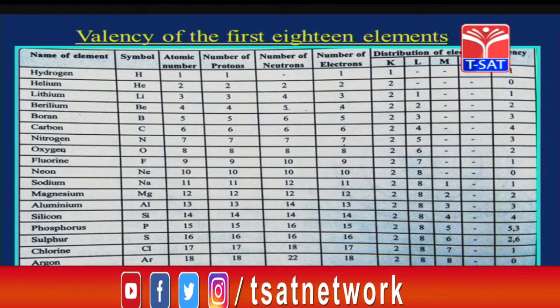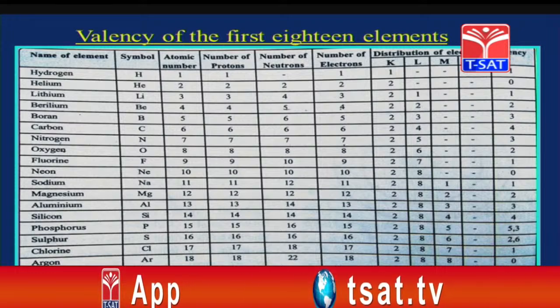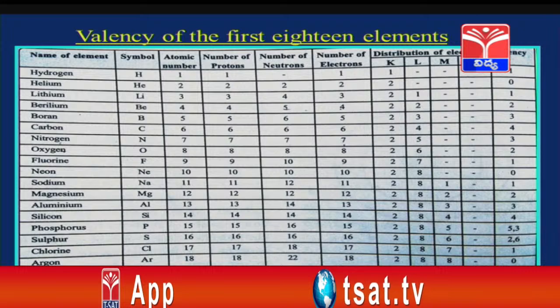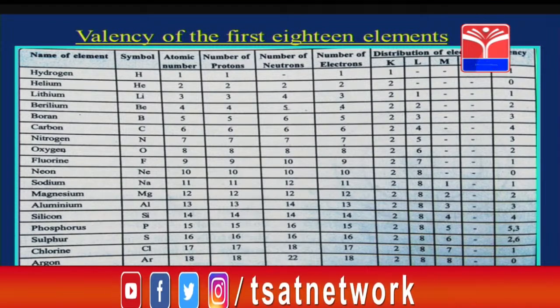In a similar way, sulfur also exhibits variable valencies 2 and 6, as its outermost orbit consists of 6 electrons, 8 minus 6 equals 2, and 6 variable valencies are there for sulfur.